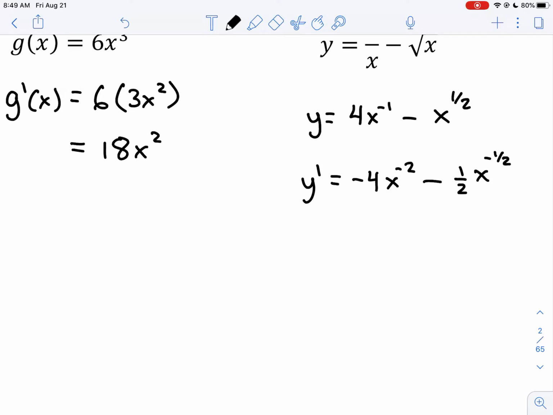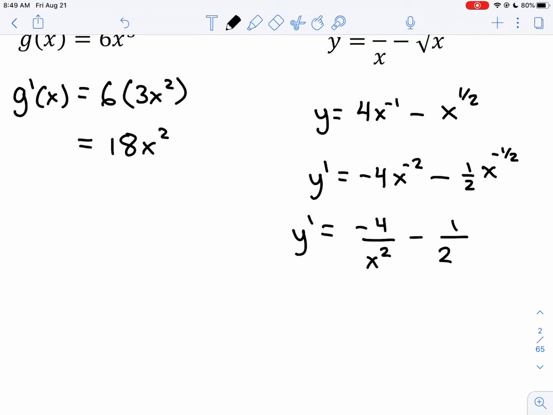And you can rewrite your derivative without using negative exponents and see what this looks like. So y prime is the same thing as, keep in mind this -2 power is only affecting the x. So the -4 stays up top, but the x goes down to the denominator with a +2 power, minus, also here, the -1/2 power is only affecting the x.